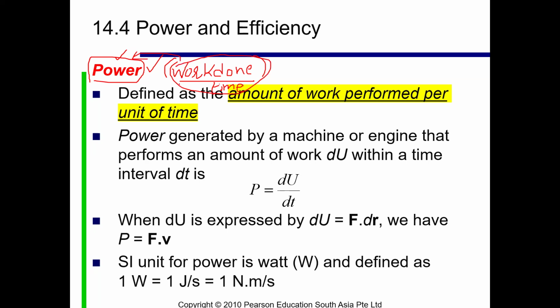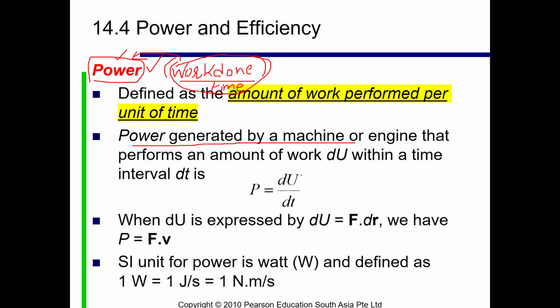So this is the term that came out of the work done, and it tells you the rate of the work done, or in other words, it is defined as the amount of work performed per unit time. Power is generated by the machine or engine that performs an amount of work.